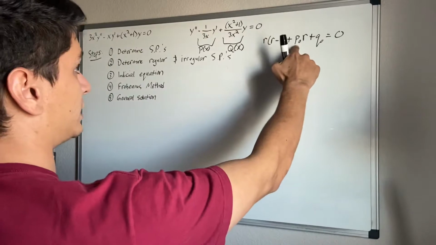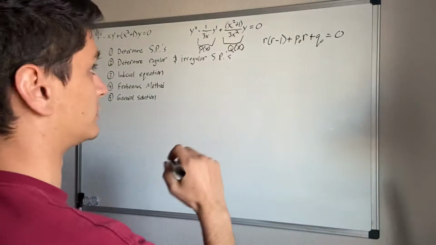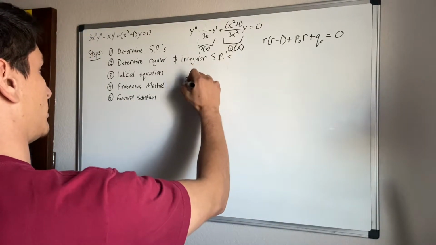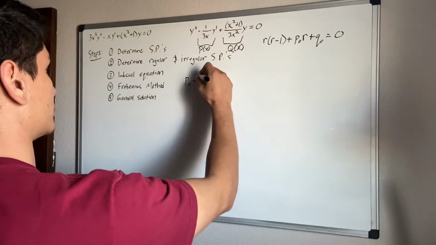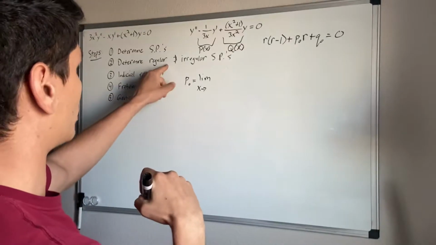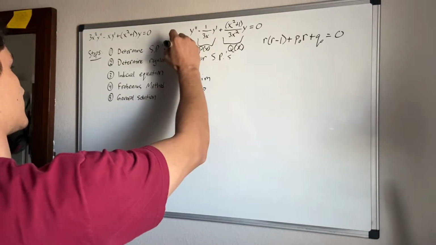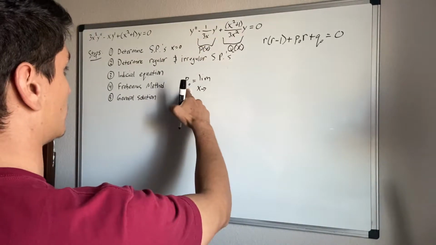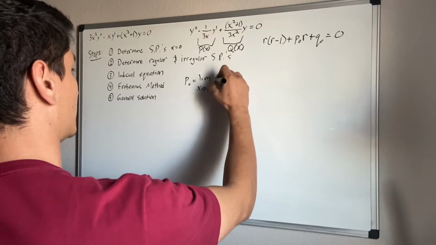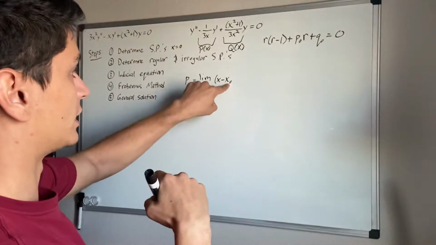So now we have to find P sub 0 and Q sub 0. The way we find these two terms is like so. P sub 0 equals the limit as x approaches the singular point. The singular point here is x equals 0. So P sub 0 equals the limit as x approaches 0 of x minus x naught, where x naught is the singular point.